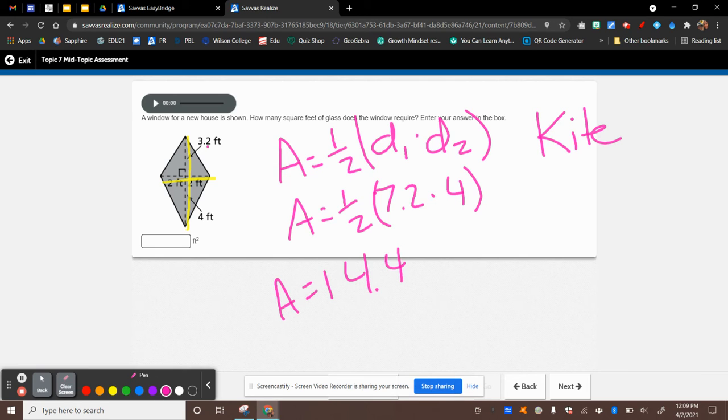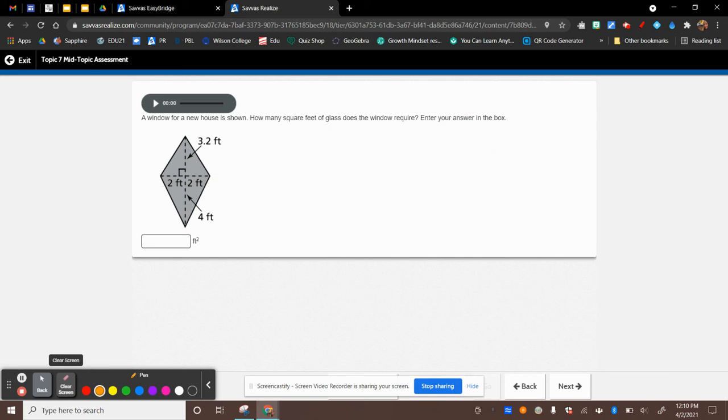So the other way that we can find the area of a kite is, I'm going to clear my screen, start again, is we can make these into triangles. And then we have a triangle that is here, and we have an identical triangle that is over here.